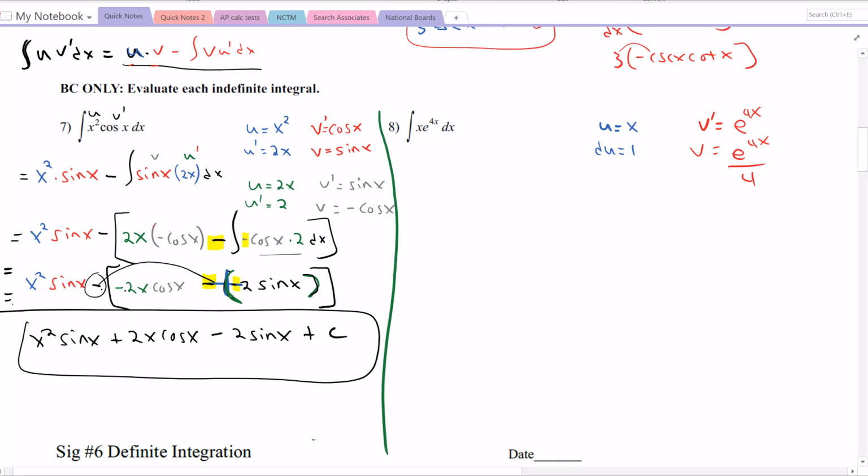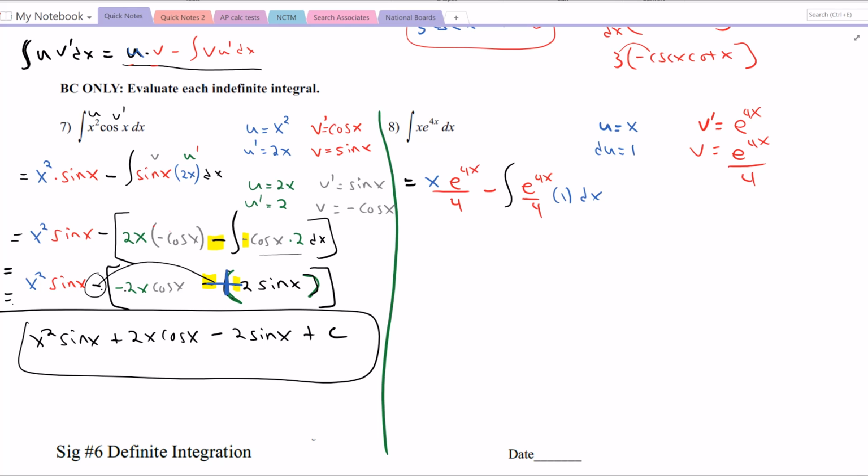Okay, so this is going to equal u times v, x e to the 4x over 4, minus the integral of v, which is e to the 4x over 4, times du, which is 1, and we're integrating with respect to x.